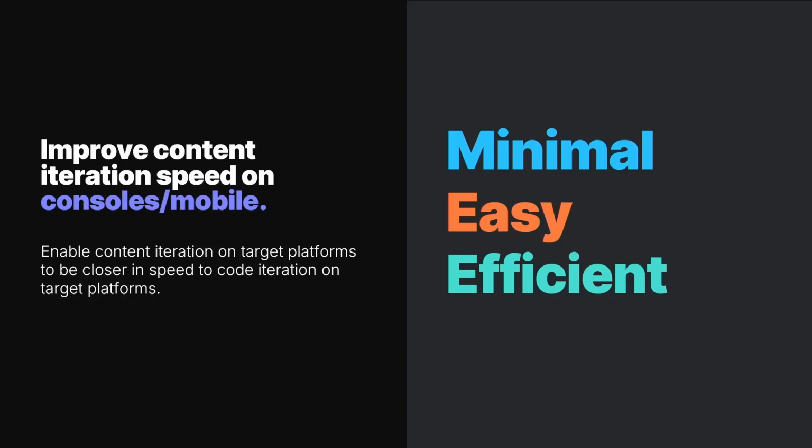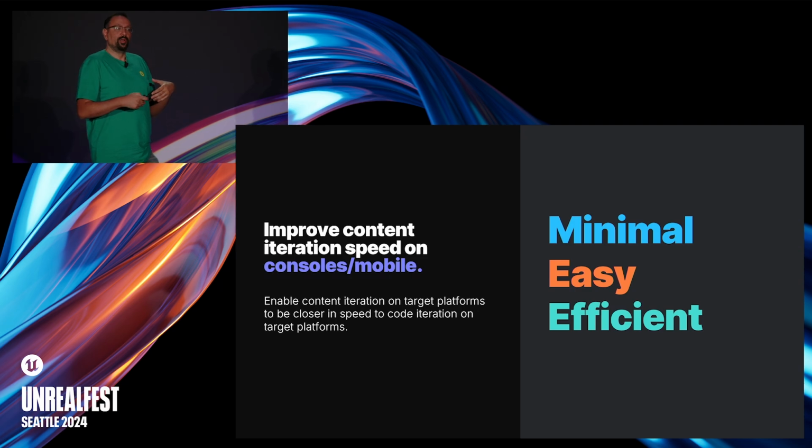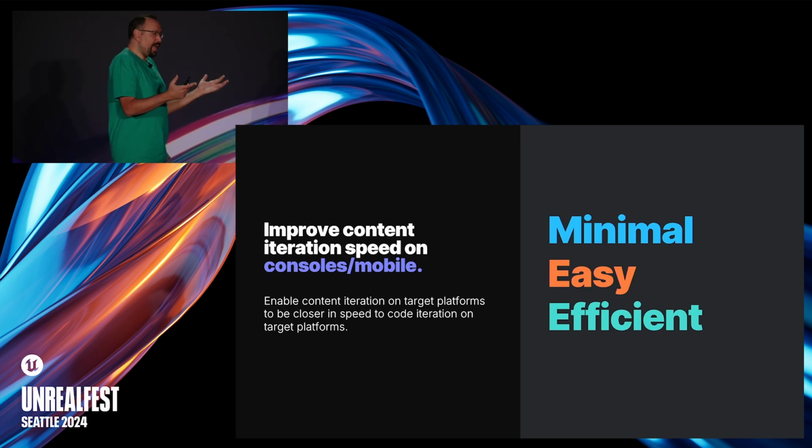Okay, wrapping up. We set out to improve content iteration speed on consoles and mobile, enable content iteration on target platforms, be closer in speed to code iteration on target platforms. I'm not here to say mission accomplished. However, we've set out a path that allows us to get to that destination, and we're continuing to work through that path.